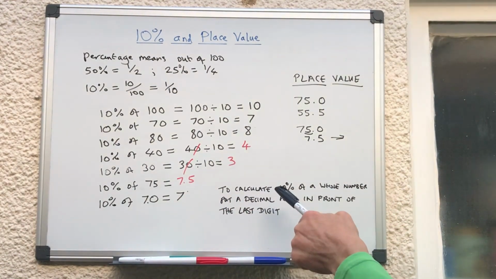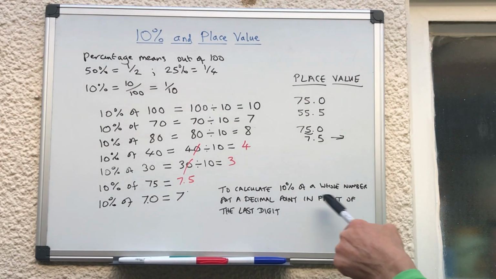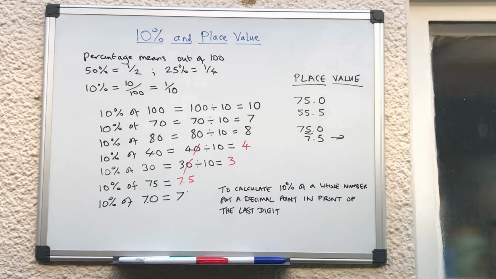There you are. So to calculate 10% of a whole number, put a decimal point in front of the last digit. So let's just do a few examples.